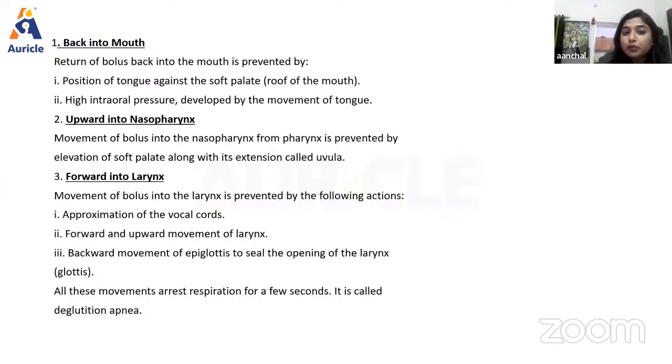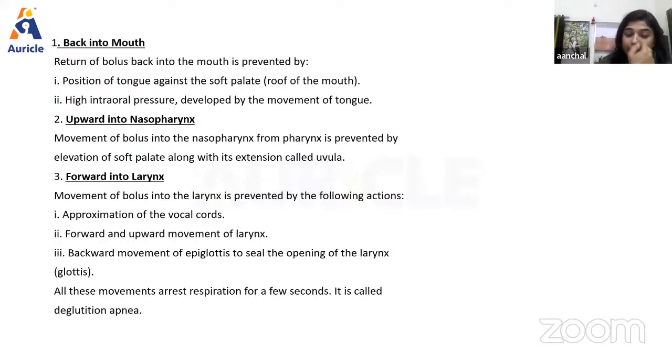The position of the tongue against the soft palate forms a closed structure, which prevents the entry of food from the pharynx back into the mouth. Another thing is the presence of high intraoral pressure, developed by the movement of the tongue, so that due to this pressure the food will not be able to get back into the mouth.